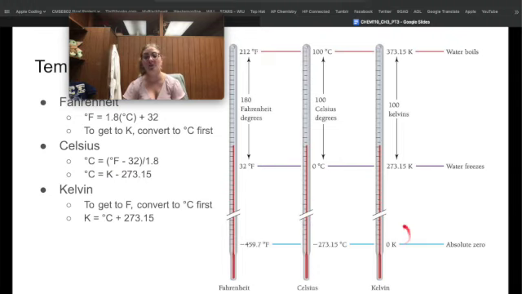So you can see here, if we're looking at the scale again, that at 0 Kelvin, we're at absolute zero. We're at minus 273.15 degrees Celsius. At 0 degrees Celsius or 32 degrees Fahrenheit, or where water freezes, that's actually at 273.15 Kelvin.